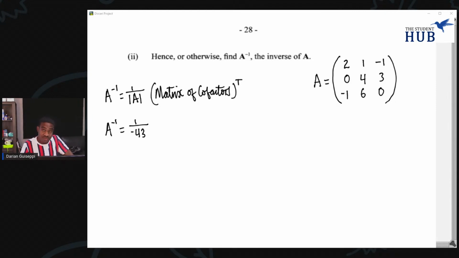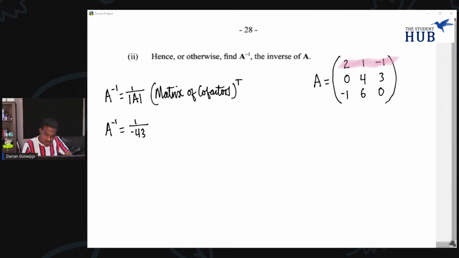So the matrix of cofactors, remember what we were doing when we found the determinant? In this case, we need to use the cover-up method, right? So we need to cover up this and this. And this small 2 by 2 matrix that we have here, we need to find the determinant of that, and that will be the first element in your matrix of cofactors.